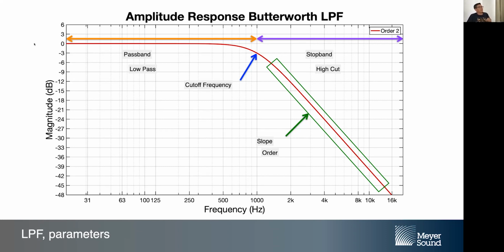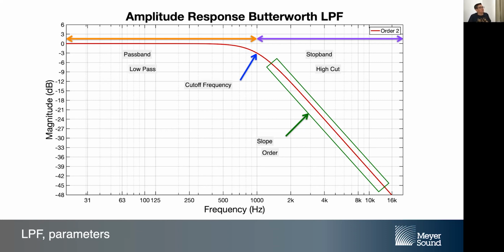And the right section is the stop band section. The stop band is called high cut because we're cutting off those frequencies from one special frequency all the way to the higher frequencies.